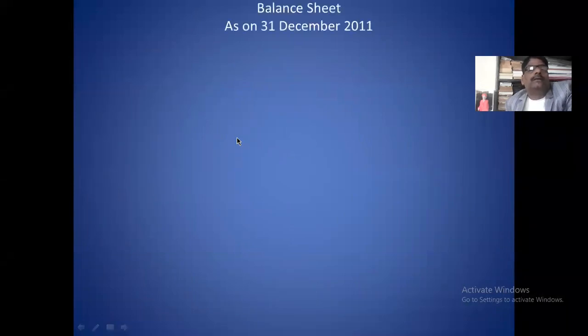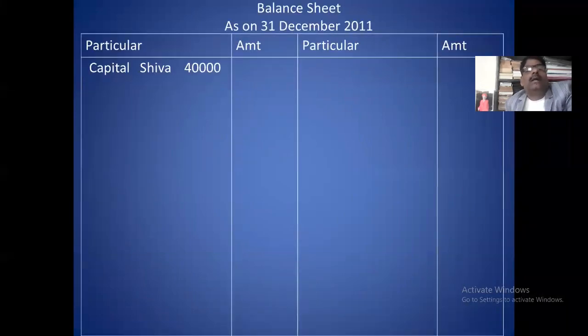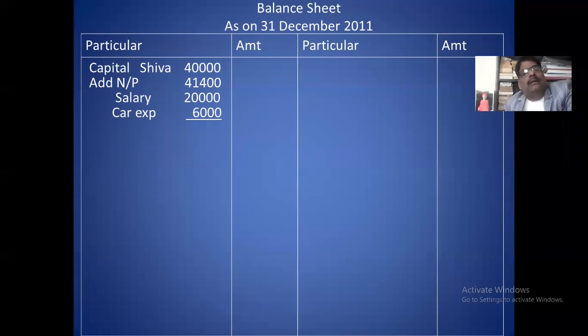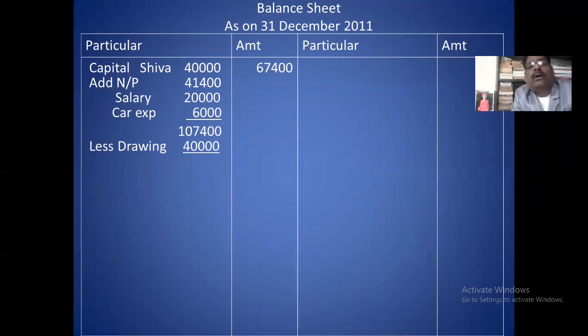In the balance sheet, you take capital, add NP, add salary, add car expense. These are already explained. You take the capital, add partner's income. Then deduct drawing. If you deduct drawing, 67,400 is the closing balance of first partner Shiva's capital.